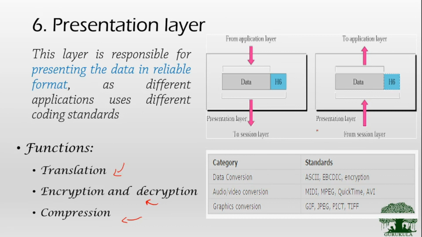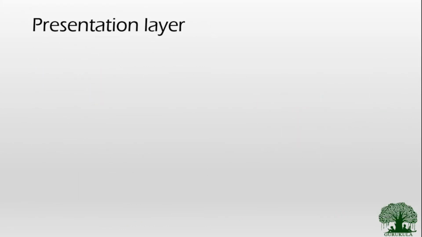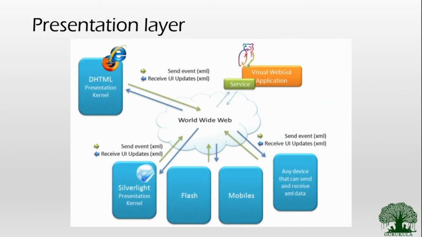Another important function of the presentation layer is delivering the messages in a suitable form on the right devices. Let's say, for example, I am loading facebook.com on my laptop. I am trying to open the same website on my tab, and I am trying to open the same website on my mobile.